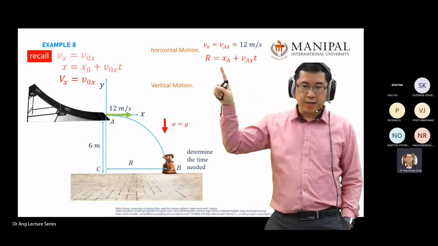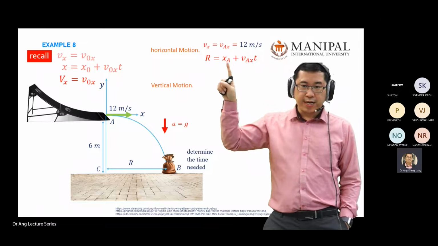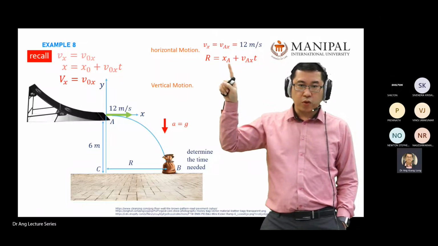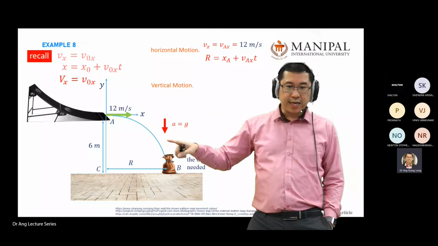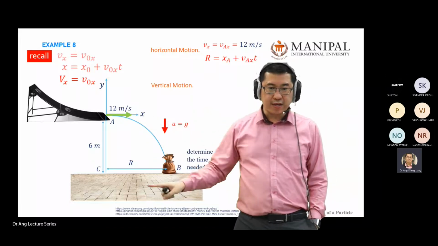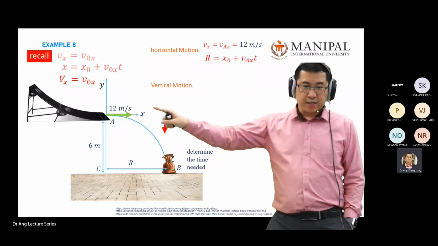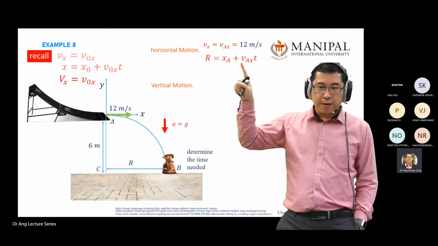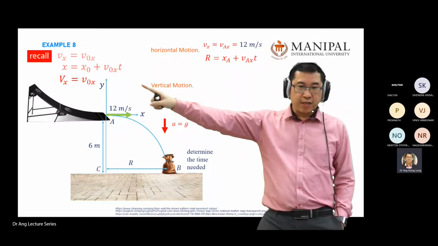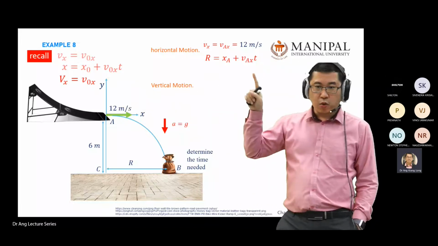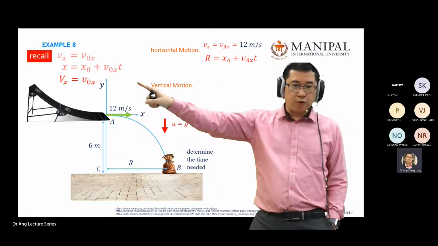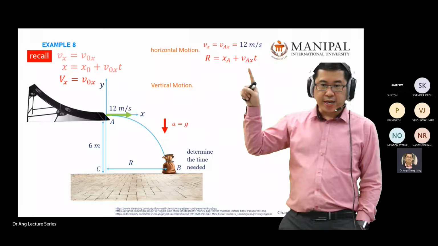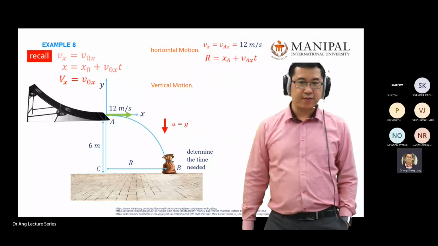It is point A. So we change x naught to A, and not O. Plus, again, your Vox, you need to modify Vox to become Vax t.